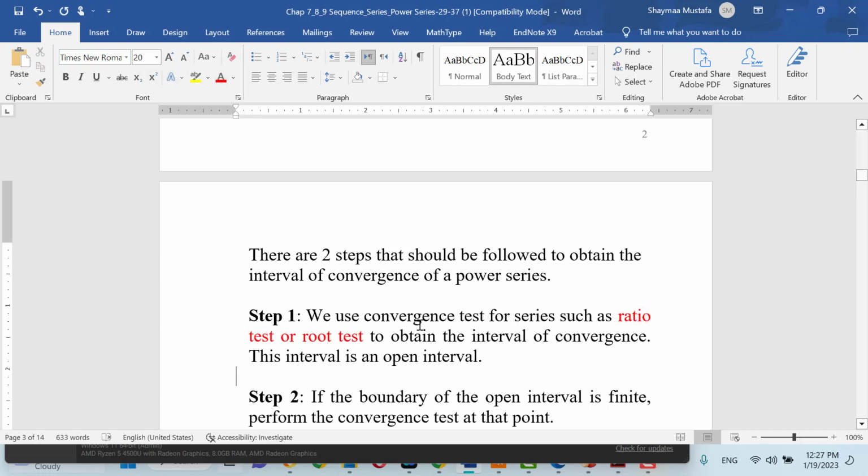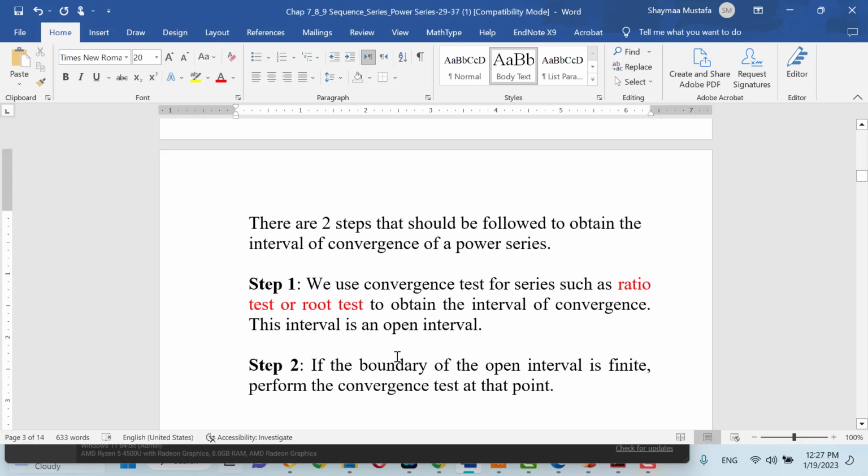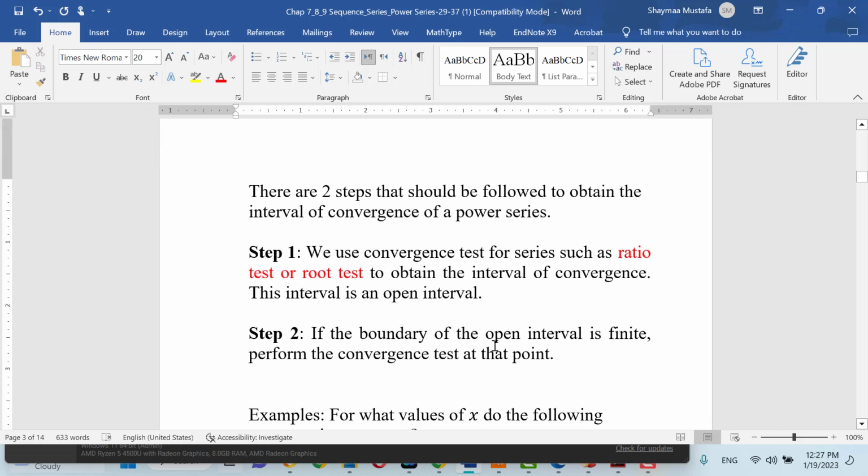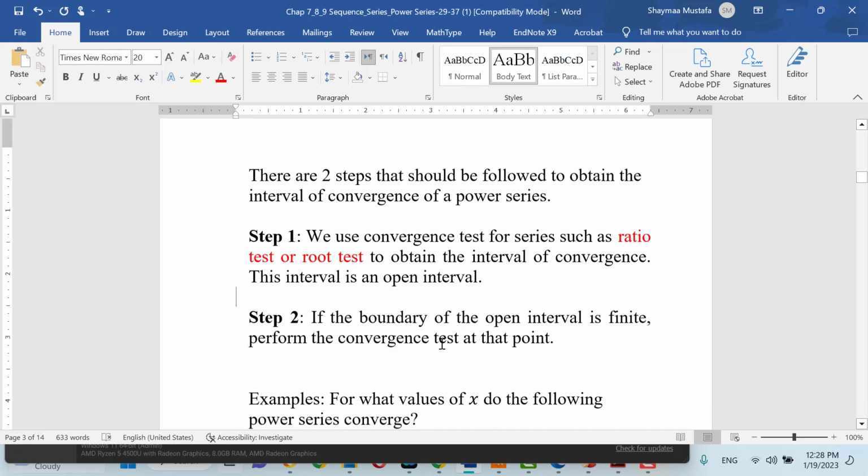If we apply the ratio test or root test, we can find the interval of convergence of the series. Regarding the boundary of this interval, we have to test each boundary as a separate case. So we need to do 2 steps. First, apply a ratio test or root test to find the interval of convergence. Then check the boundary of this interval, whether the series diverges or converges at these points.